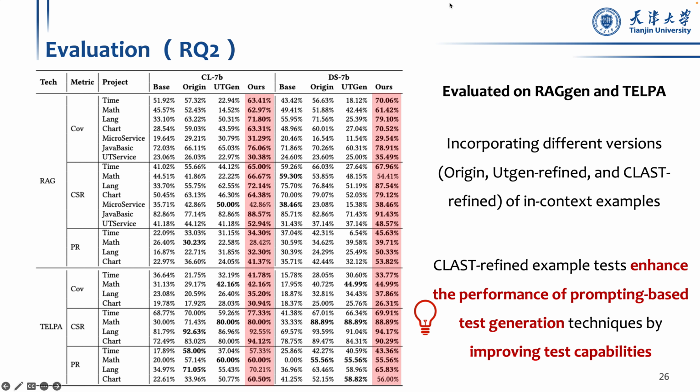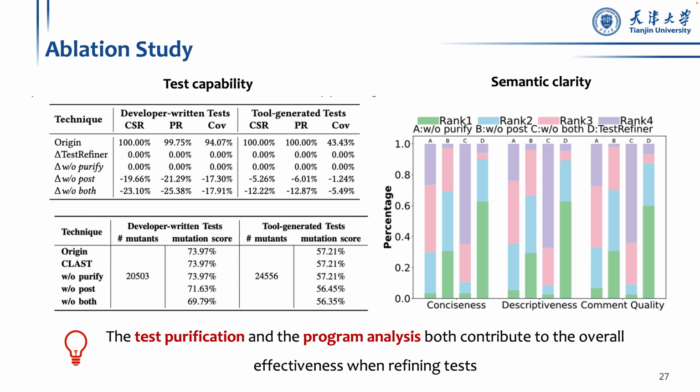test generation. For the ablation study, we removed the key components of CLAST, test purification and textual clarity refinement, to see how each affects performance. When we removed post-processing, test effectiveness dropped noticeably.